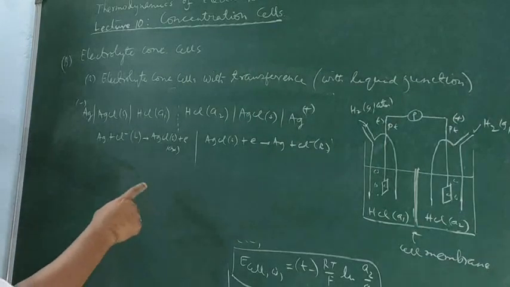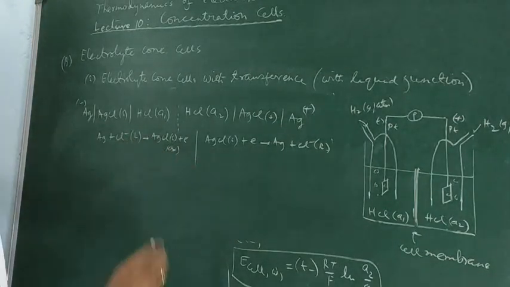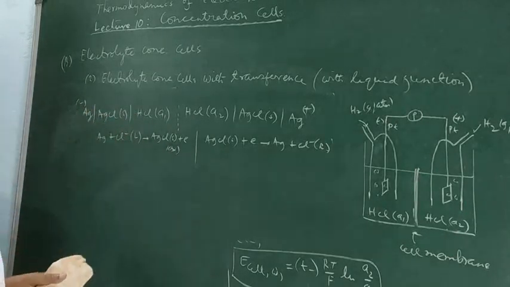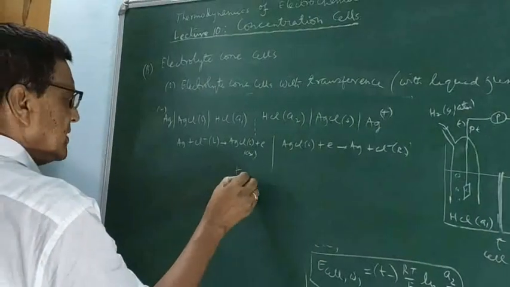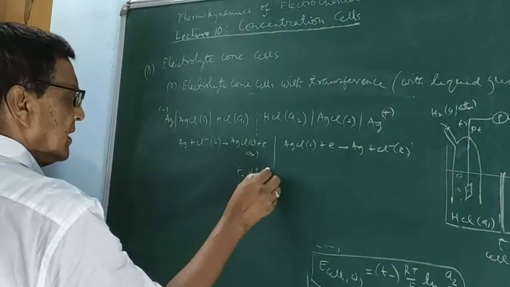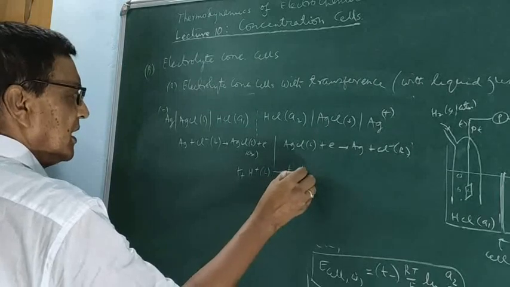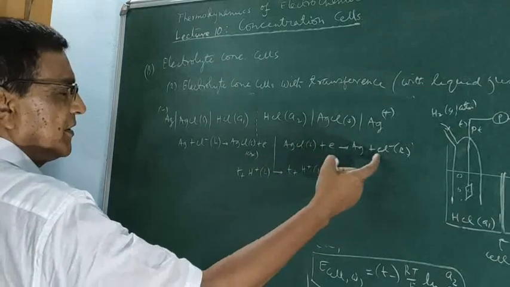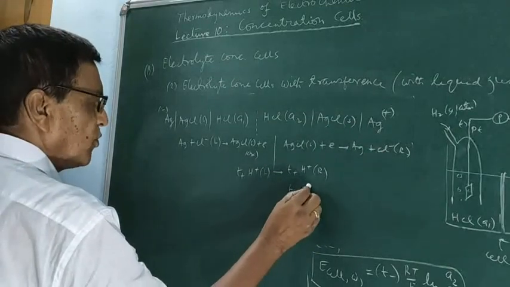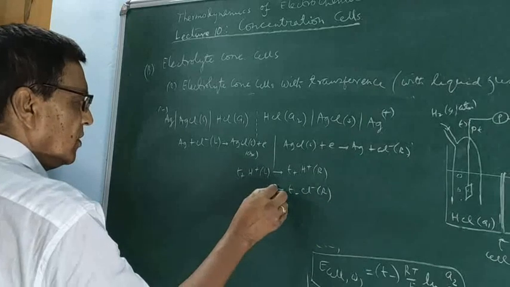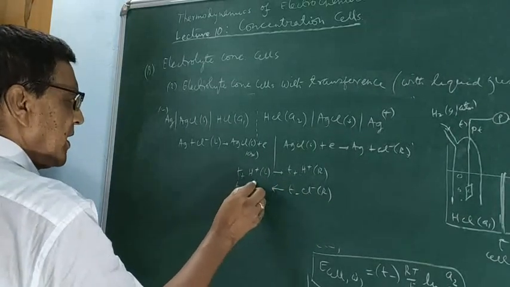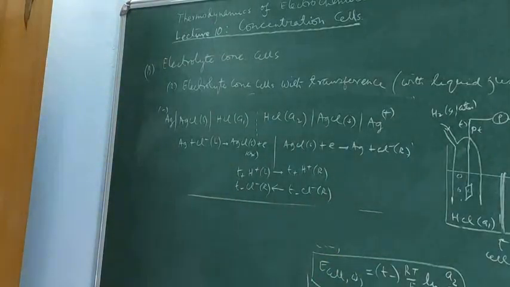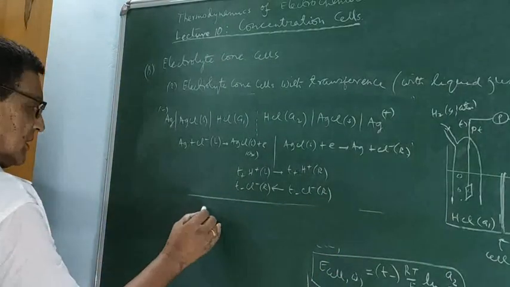And there will be transport of the ions through this junction. Here the chloride ion is removed, so hydrogen ion, T plus, leaves the left and goes to the right, and here the chloride ion is in excess, so T minus chloride ion goes from the right to the left. If we add all these, it will be the HCl.